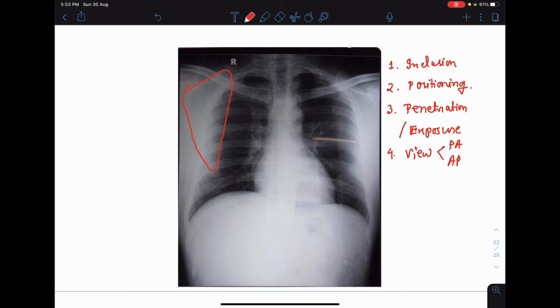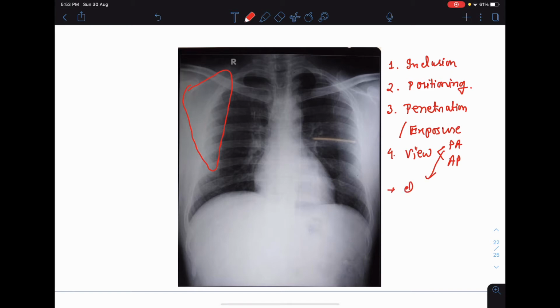Also, in case of a PA view, there is no apparent cardiomegaly or there is no apparent magnification of the heart. But in cases of antero-posterior view, there is apparent cardiomegaly as the heart gets magnified in case of AP view. So these are the few points to understand whether it's a PA view or AP view.